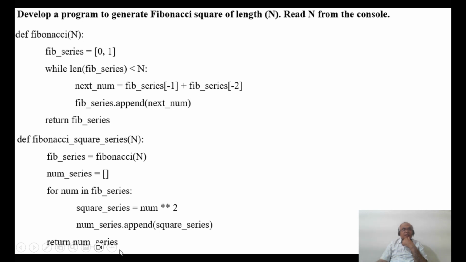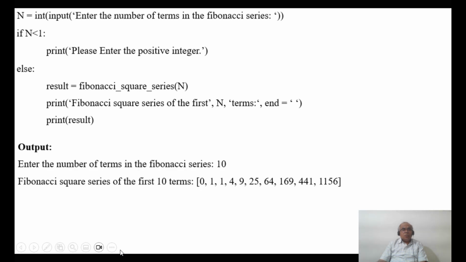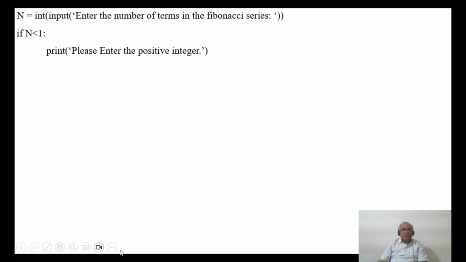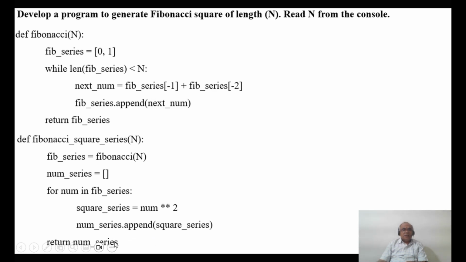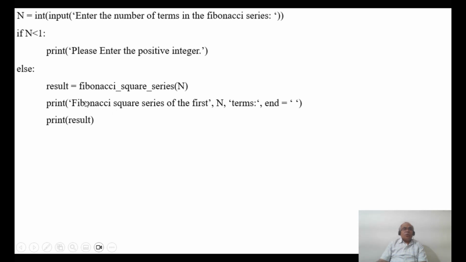Where exactly do you want to return? You want to return the num series. So once you return the num series, you are going to get the values of the num series. So result will be equal to Fibonacci square series n.